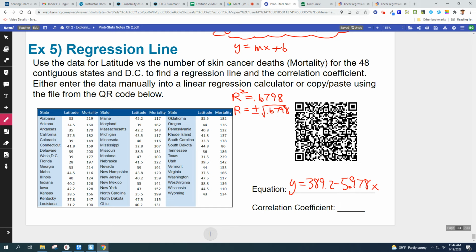Which one do we want? We want the minus because it's a negative correlation. We can see on the graph that it appears to be a negative correlation. So we use the negative one. Square root of 0.6798, we're going to get an R value of negative 0.8245.